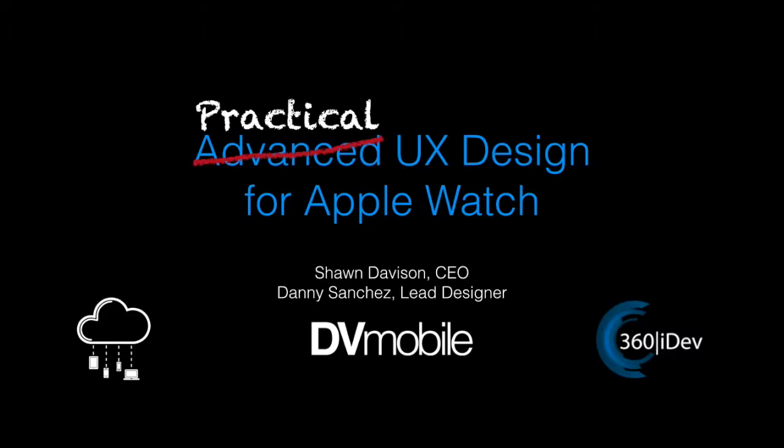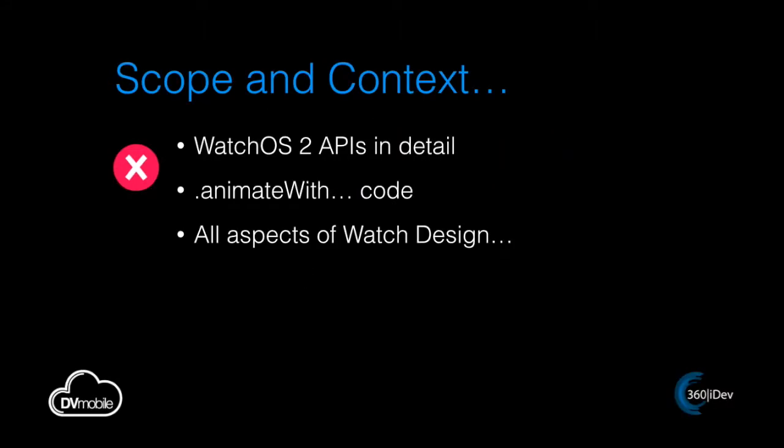So I've got a little bit of code that I'm going to share with watchOS 2, and we're going to cover several different topics in this presentation. We're going to start with some context, and I'm not going to go over APIs in detail.